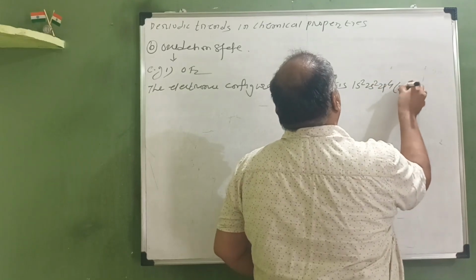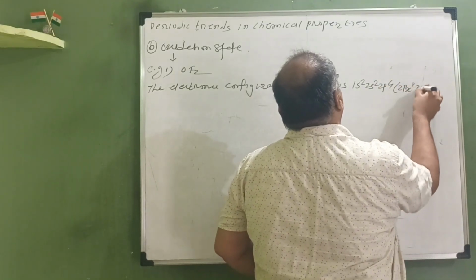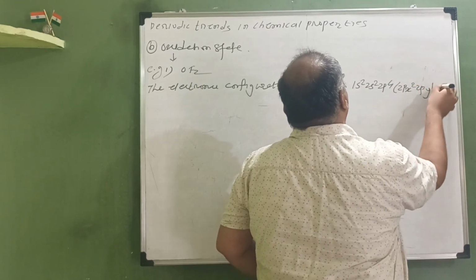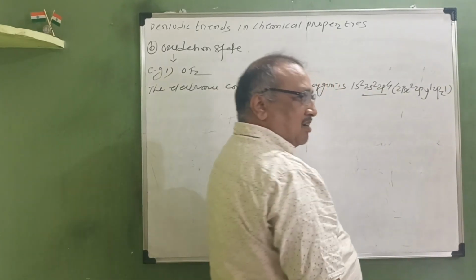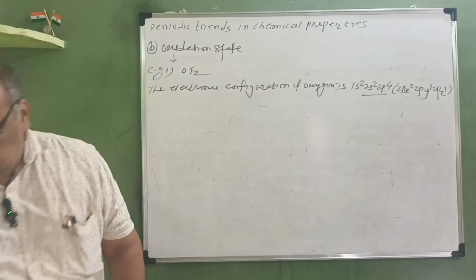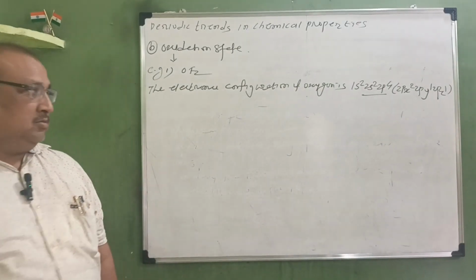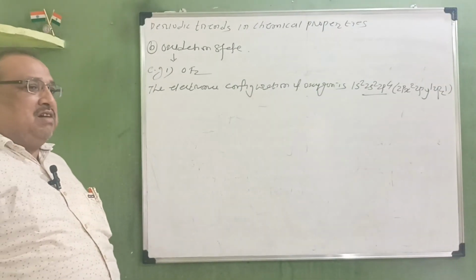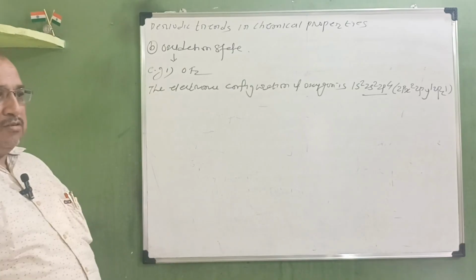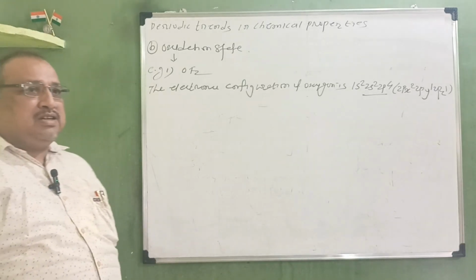That means in bracket write down 2px2, 2py1 and 2pz1. That means here oxygen atom has 6 electrons in its valence shell and 2 electrons are required to complete the octet.